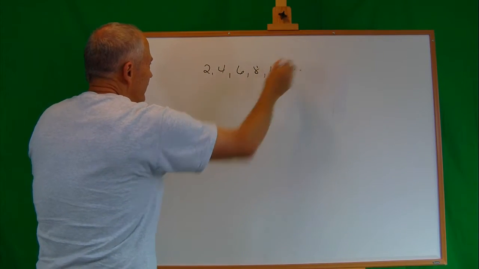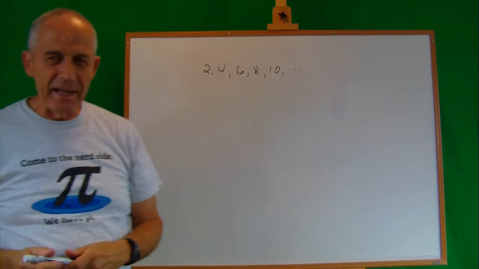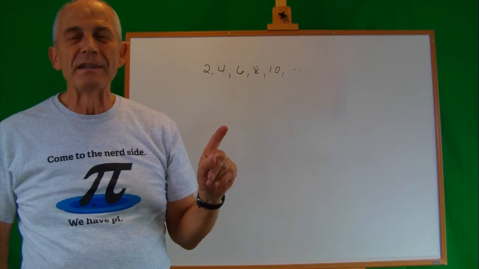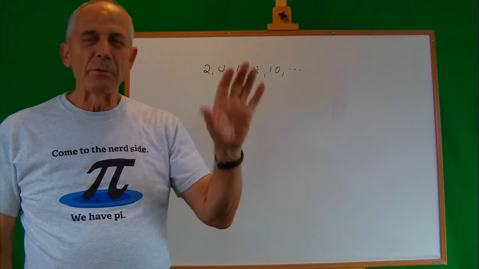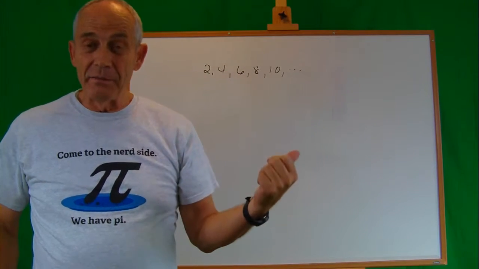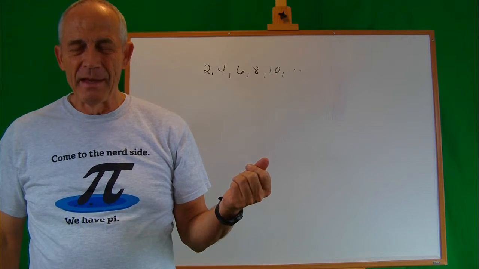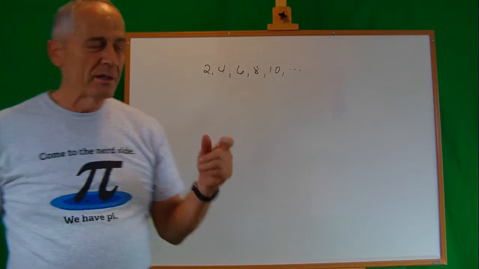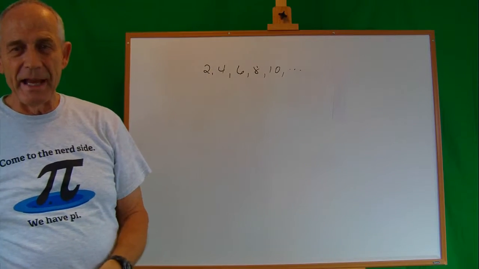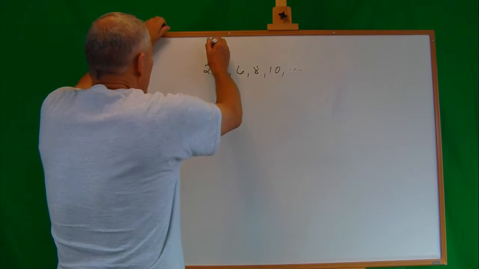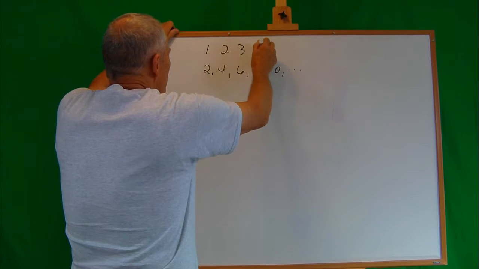Do you see anything that's the same about every one of those numbers? Maybe you won't know how to say it, but aren't they all even? Every one of those numbers is even. Well, those numbers, 2, 4, 6, 8, 10, came from multiplying the counting numbers that you learned first, 1, 2, 3, 4, 5.